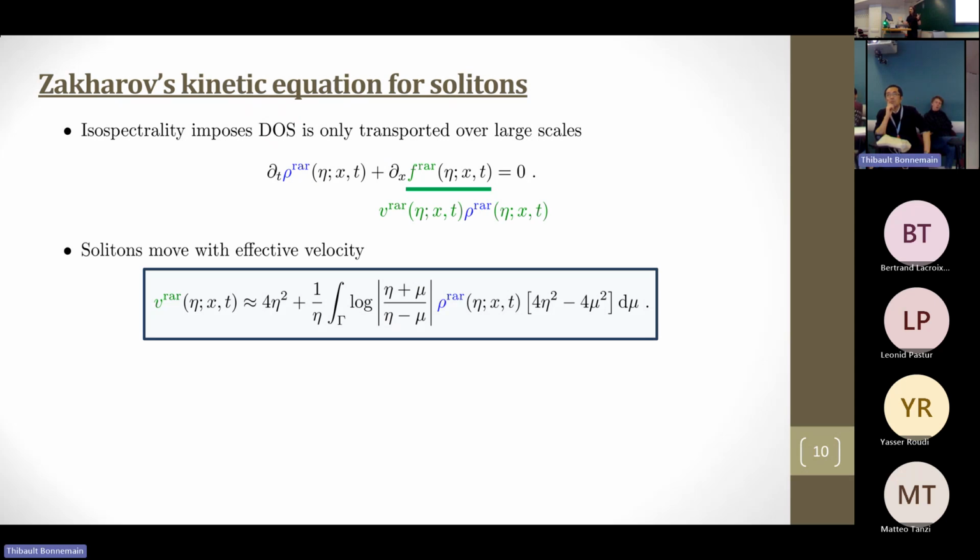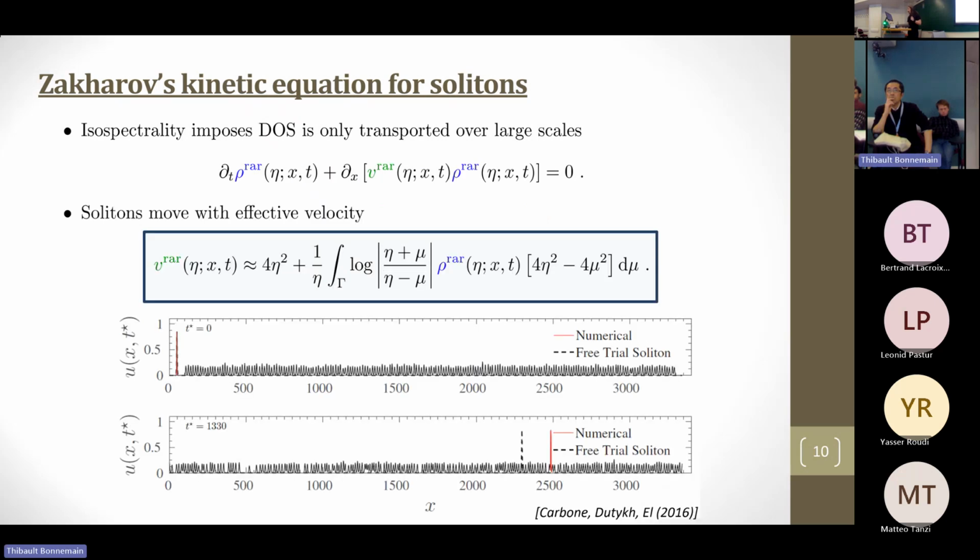So that over large periods of time, over large distances, the effective average velocity of your soliton can be approximated like that. So it's its bare velocity modified to account for all the collisions it incurs as it moves through the gas. So this is the position shift, and this is the collision rate. Okay.